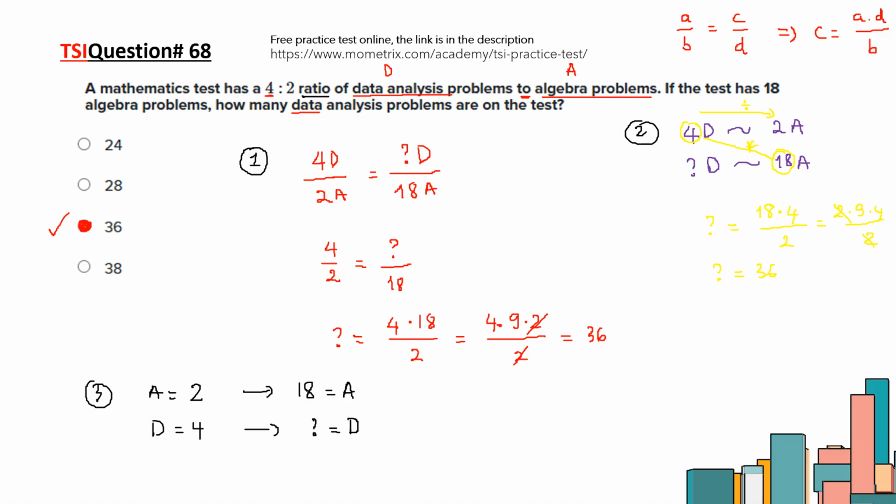Directly proportional means if one variable increases, the other increases by the same factor. So 2 goes to 18 by multiplying by 9. For 4, it increases by the same factor of 9. So that will be 4 times 9, which equals 36. Whichever is easier for you, just use it.